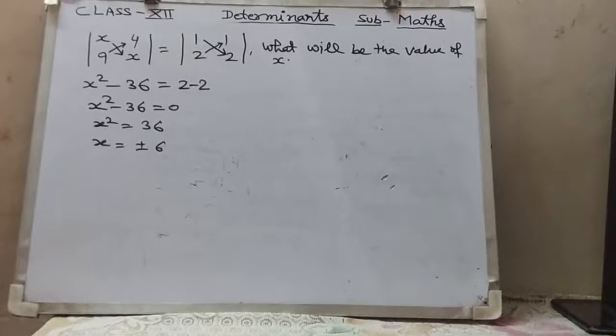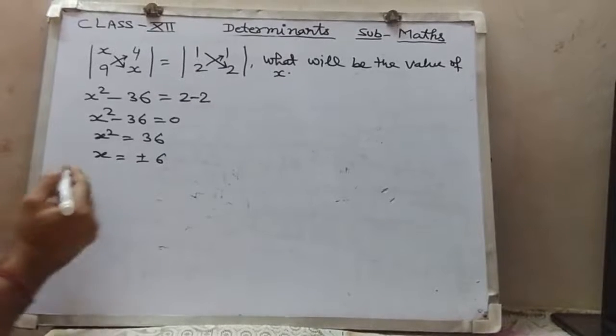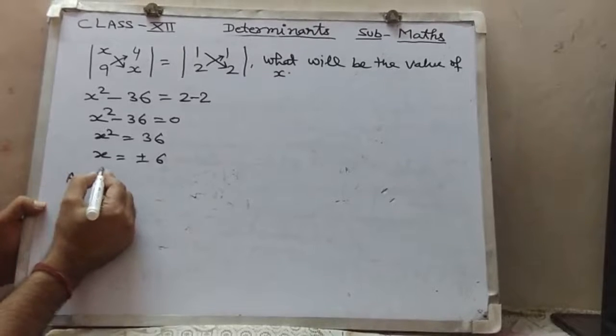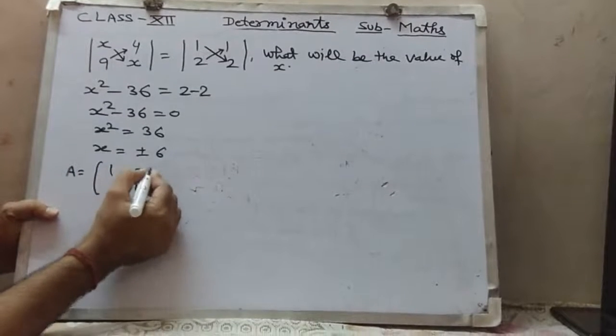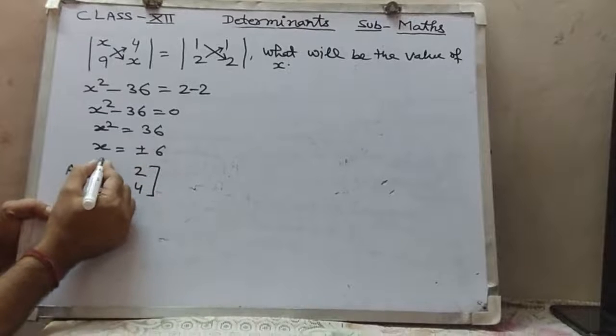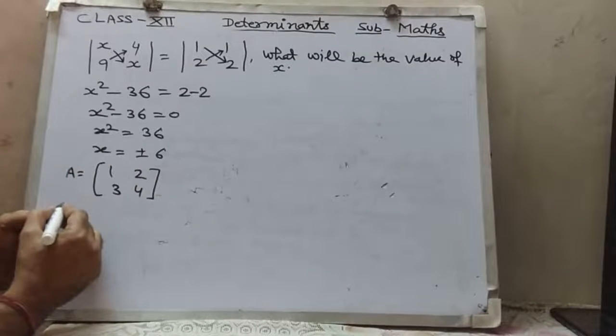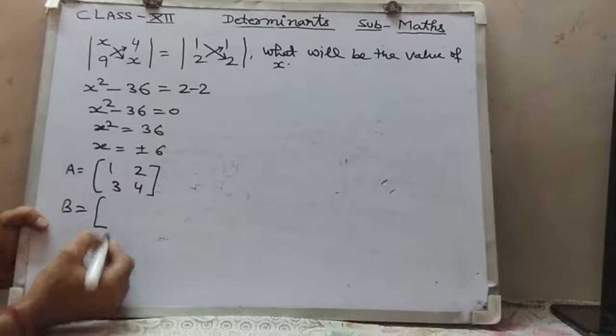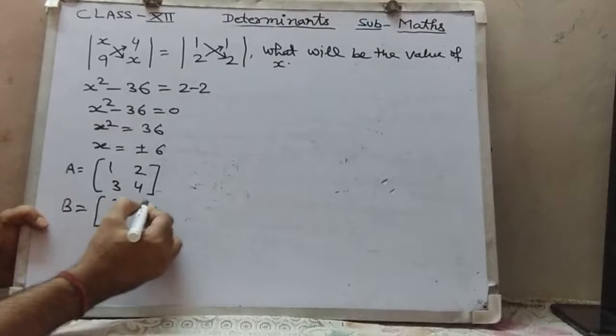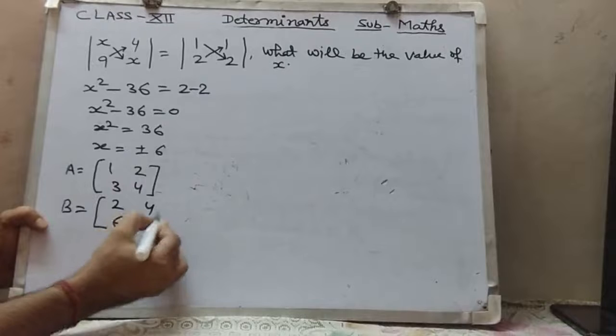Now one more thing, if A is a square matrix 1 2 3 4 and B is another square matrix 2, 4, 6, 8.